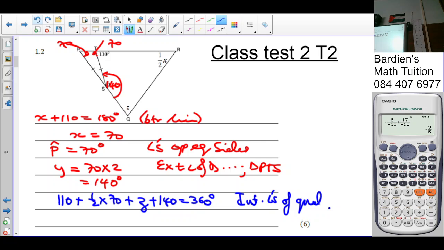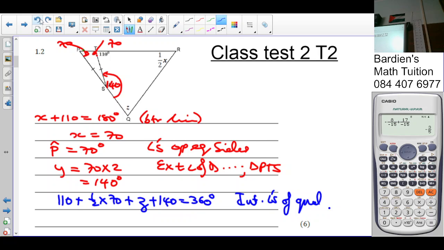But there was an easier way: sum of triangles. PRQ is also a triangle. So I could have said a half times 70 plus z plus 70 is equal to 180, sum of triangles. That's actually easier. Nice. I like it.